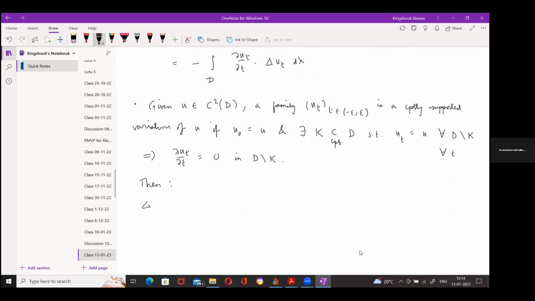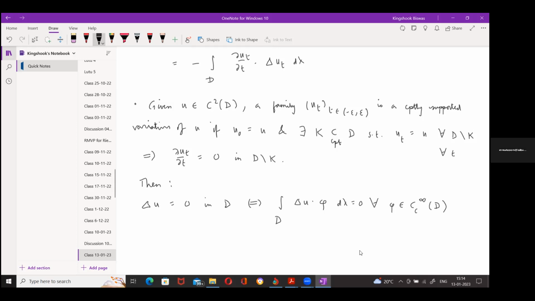First of all, Laplacian u equal to 0 in D if and only if, since a function is 0 if its integral against all smooth compactly supported functions is 0, for all phi in C_c infinity of D, the integral of Laplacian u times phi is 0.